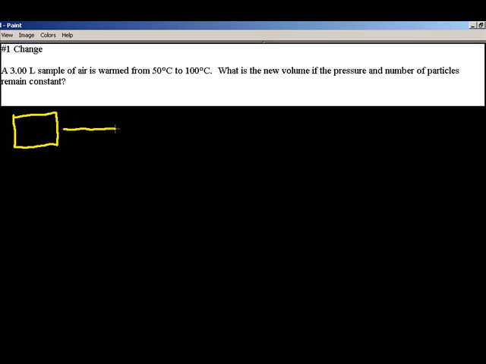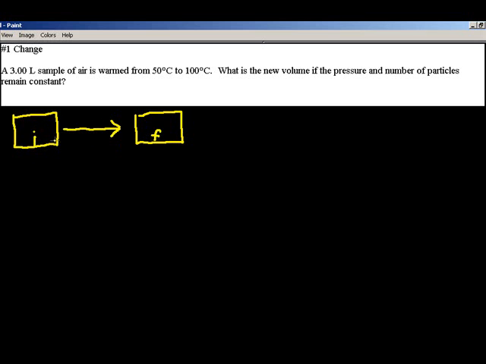Now, what that means is we take the original, and let's suggest we heat it up. So now the temperature in this container is warmer. We started off with an initial temperature, and then we wound up with a final temperature.